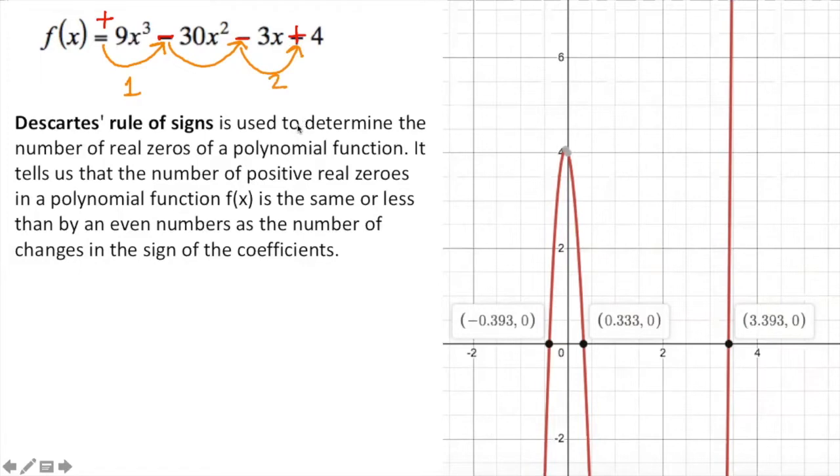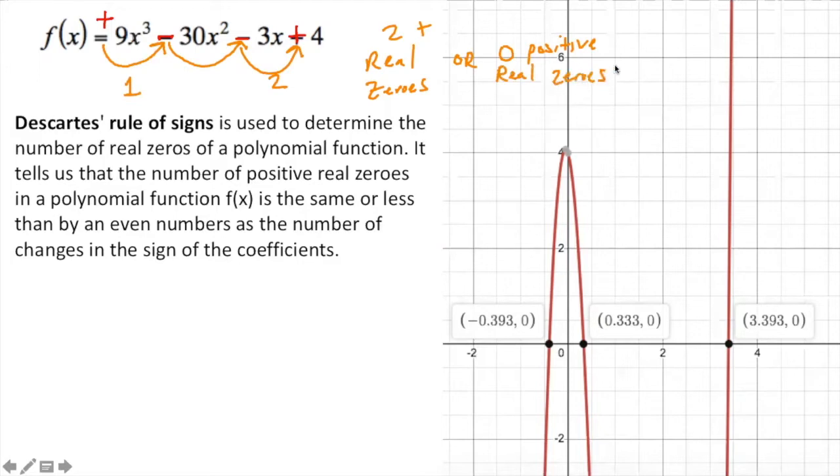So this tells us that we're going to have 2 positive real zeros, or less than that by an even number, so it could be 2 or 0 positive real zeros.